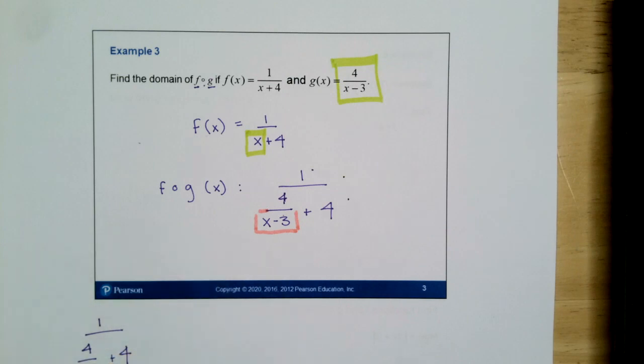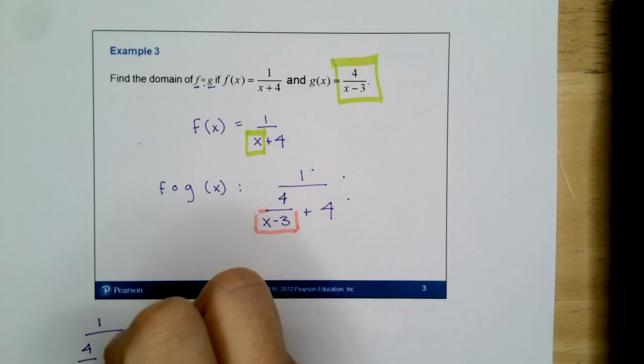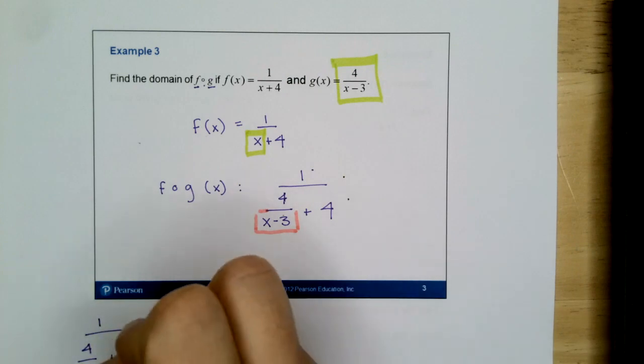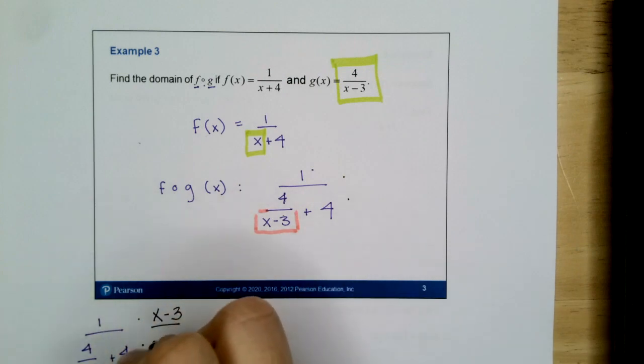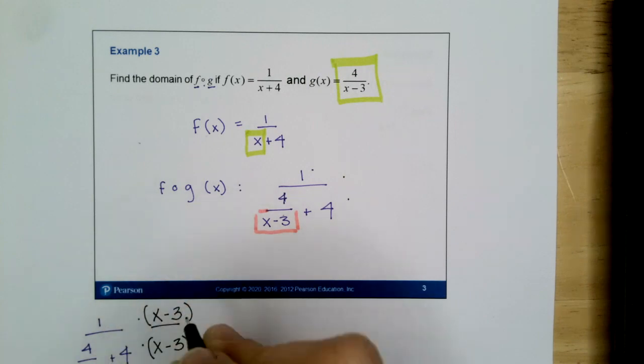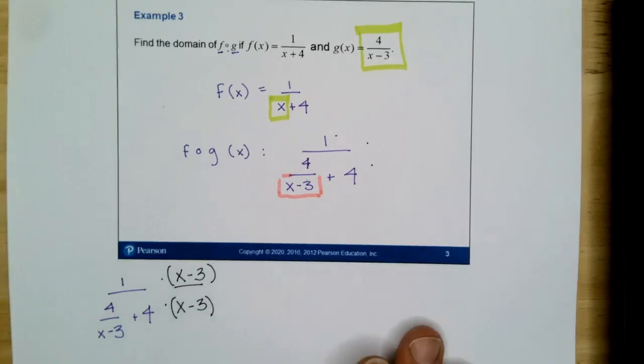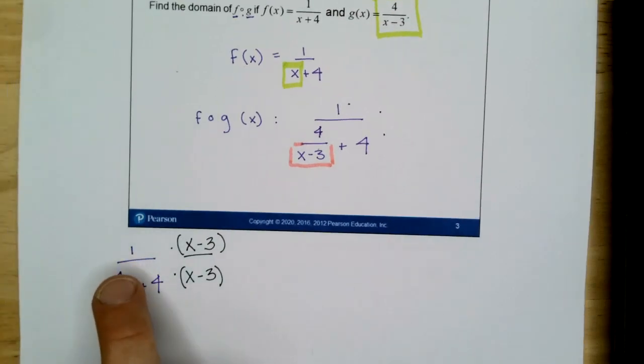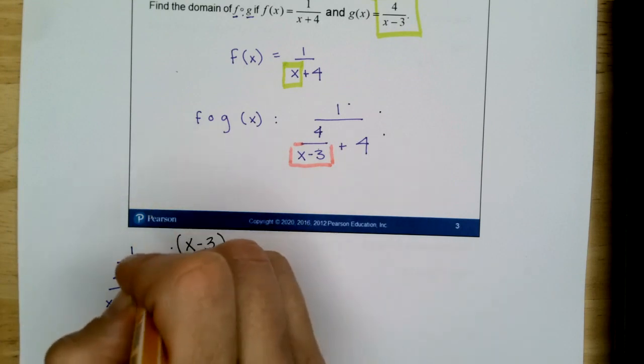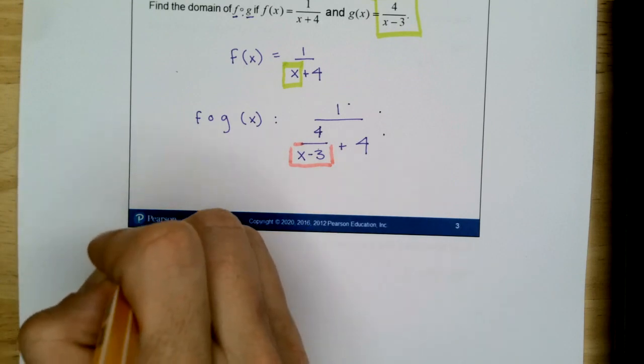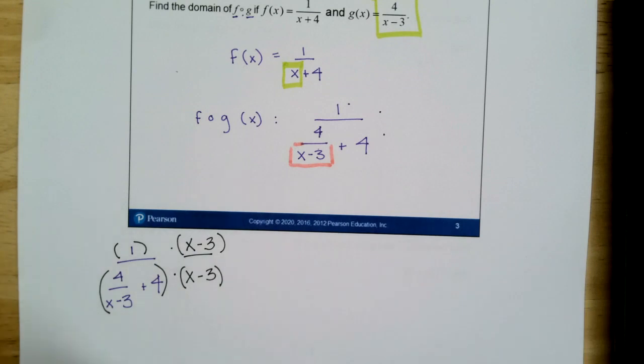And we are going to multiply that by x minus 3. 1 times x minus 3, and on the bottom, 4 divided by x minus 3 plus 4, all times x minus 3. Okay, let's distribute that.